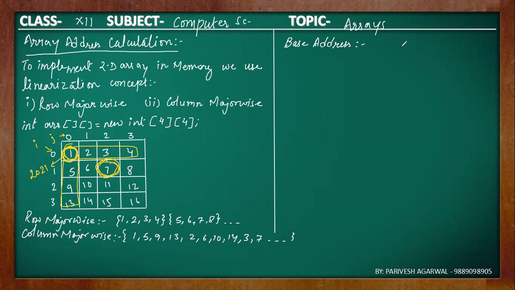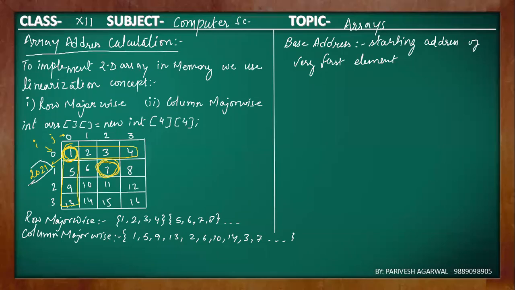Base address means the starting address of the very first element. If I say this is 2021, your 2021 is your base address, or you can say BA.